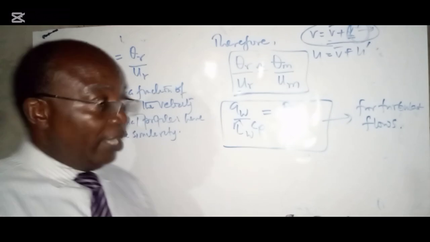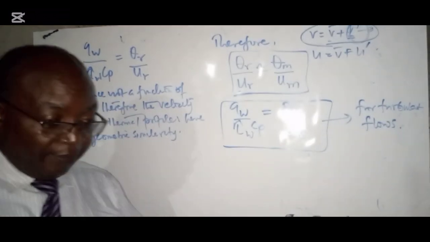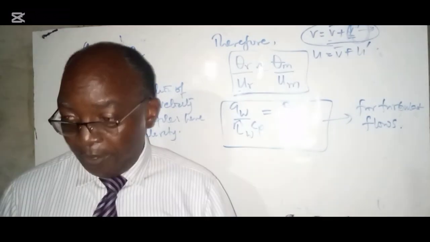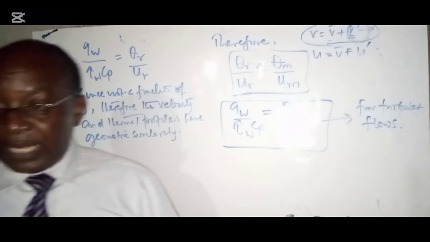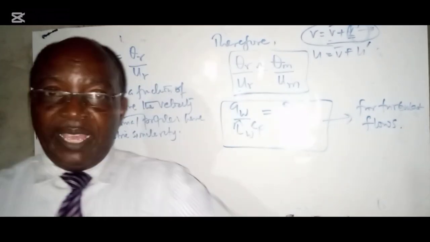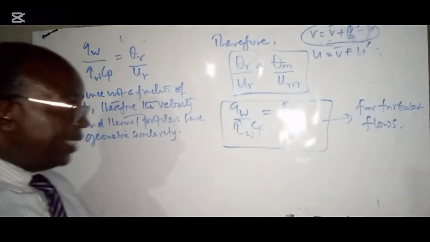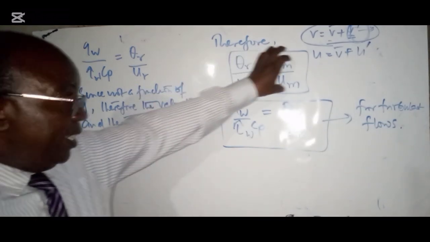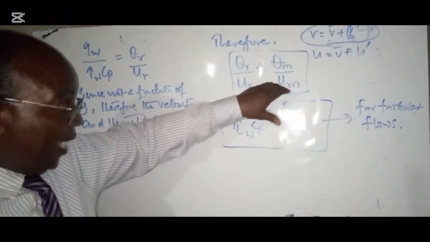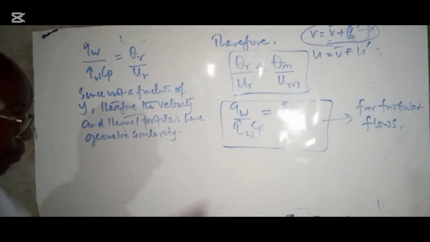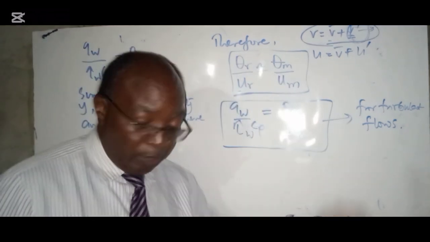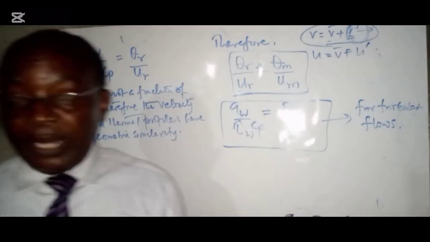Similarly, because there is no functional relationship with the y-axis, the velocity profile and the thermal profile are geometrically similar. So we can use the mean values of the heat and velocity, and that expression can be used in cases of turbulent flow.